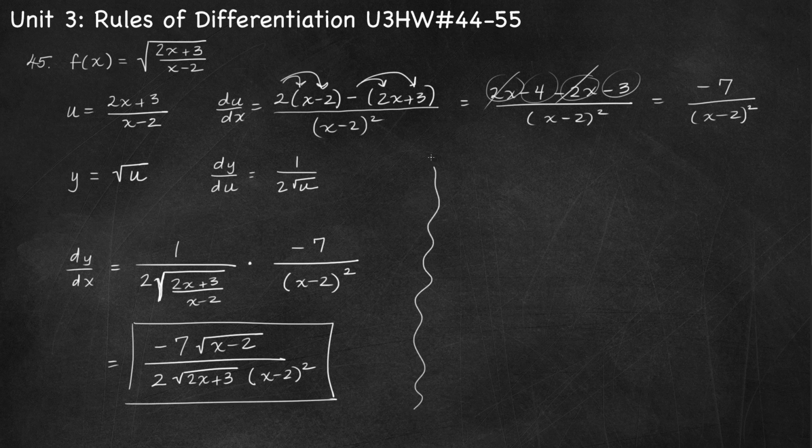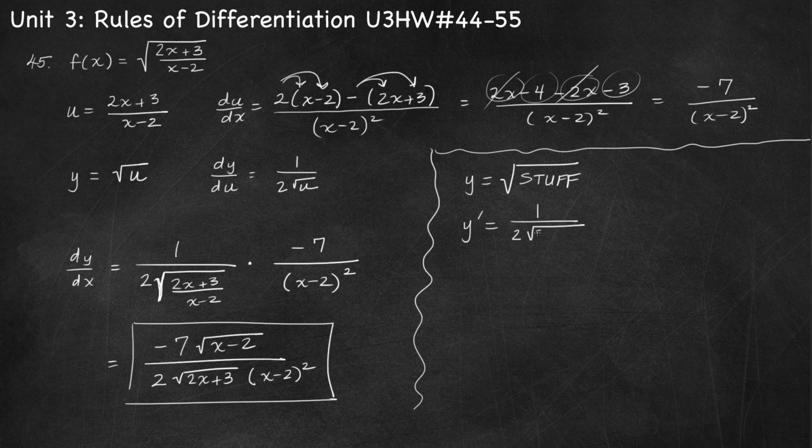Okay, now if we try this the mental math way, more of the shortcut way, I'm thinking of my original equation as y equals, it's in the form y equals square root of stuff. So my derivative is going to be 1 over 2 times the square root of my stuff times the derivative of my stuff. And in this case, the stuff is (2x plus 3) over (x minus 2).